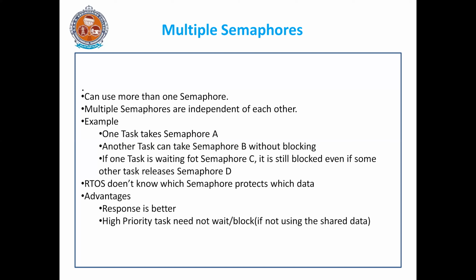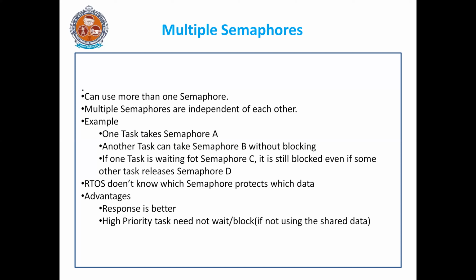So the task waiting for C is still blocked even if another task releases D. Whatever semaphore it wants, it takes only that particular semaphore.